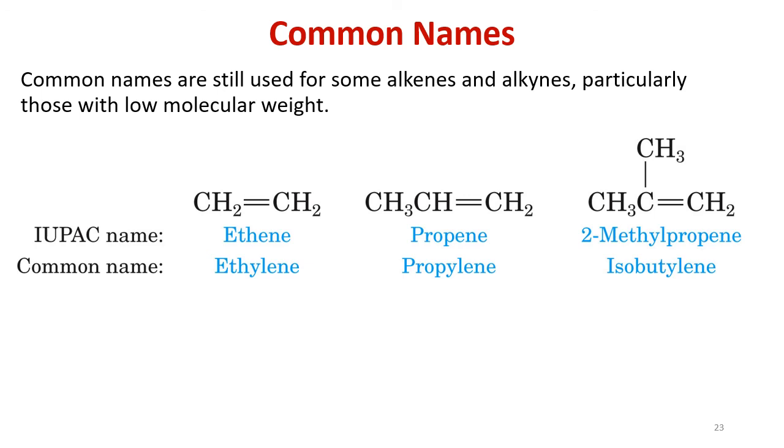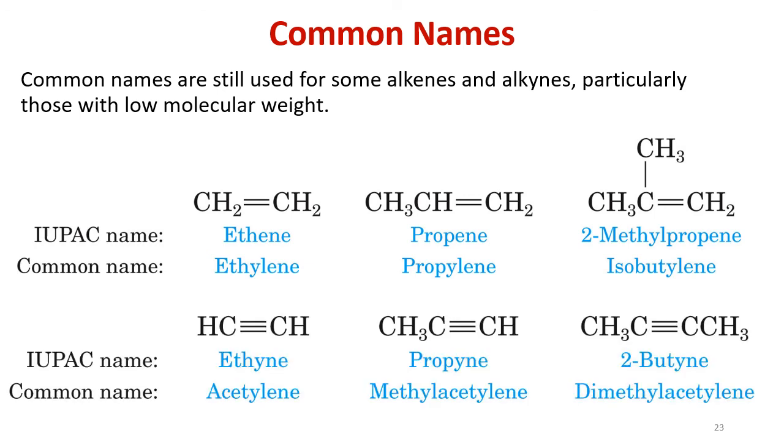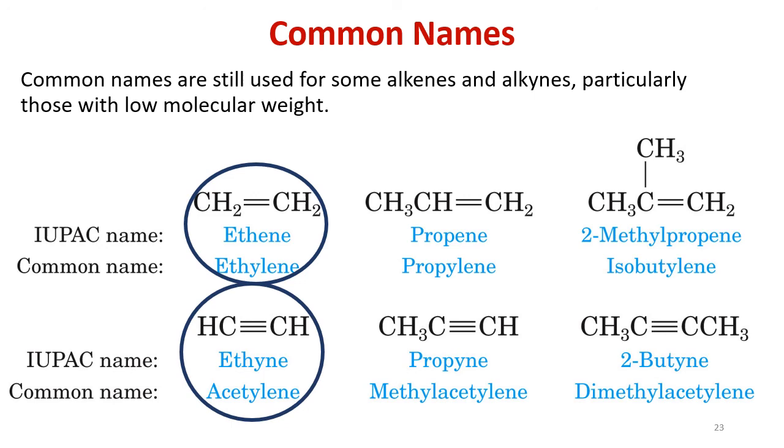You should probably be aware of them, yes. If we look at the alkynes, acetylene is used far more often than ethyne. Methylacetylene and dimethylacetylene are also used quite a bit. And those are really, really common.